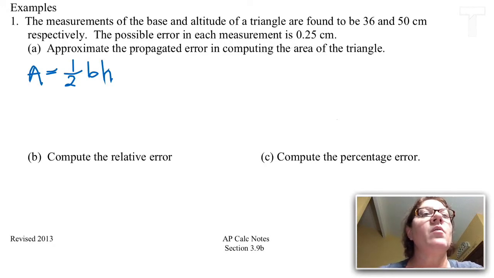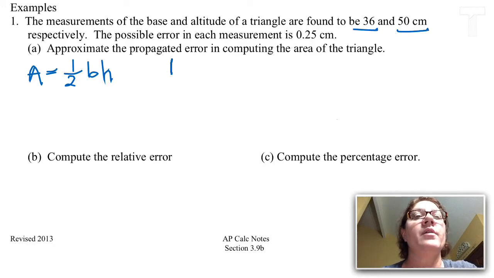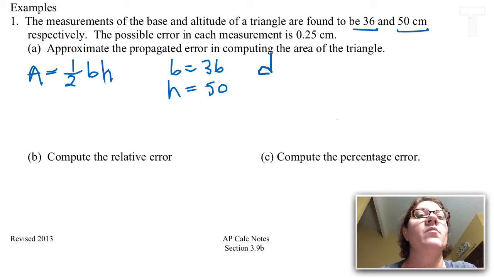So here's what I know: the base and height are 36 and 50, and then I have possible error in each measurement of 0.25, so that's my differential. That's how much I'm off, potentially.